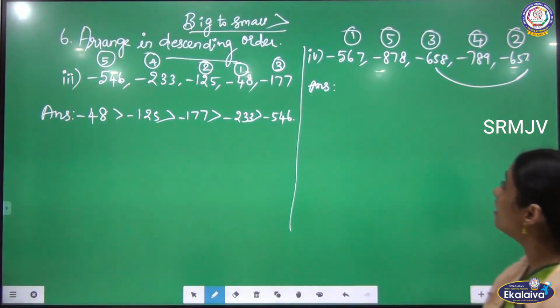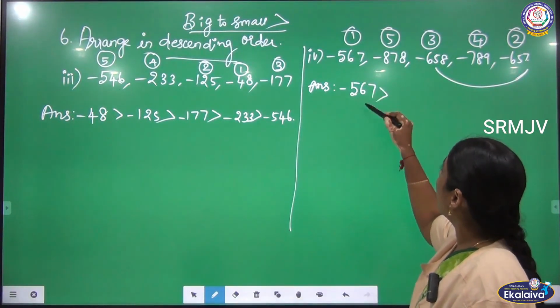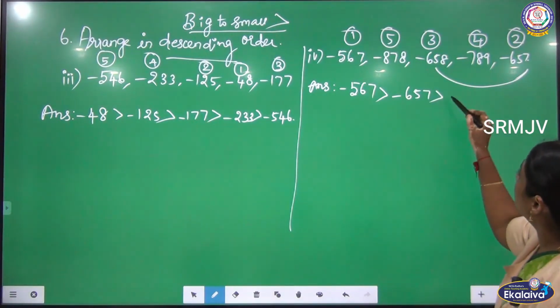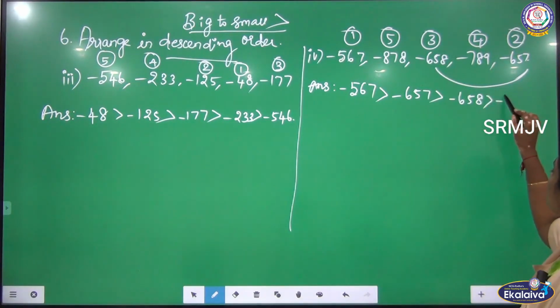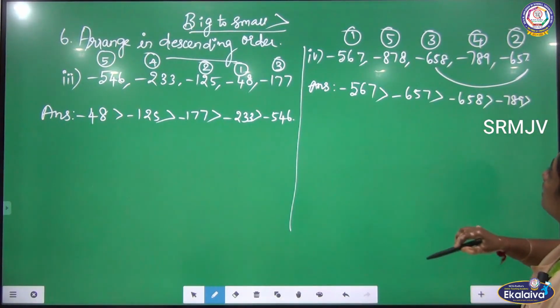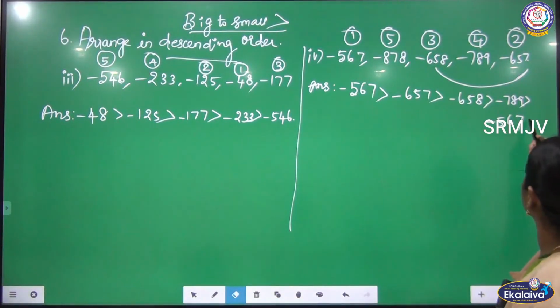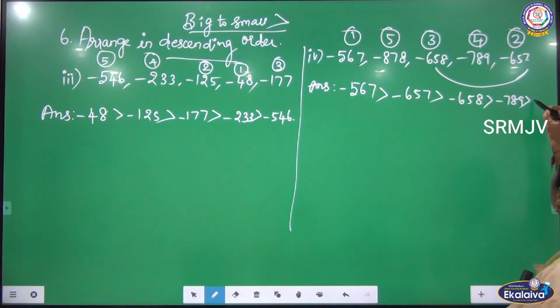Listen, children, listen. So, minus 567 is greater than minus 657, greater than third one what I arranged? Minus 658 and fourth one is minus 789, greater than fifth one, minus 878.